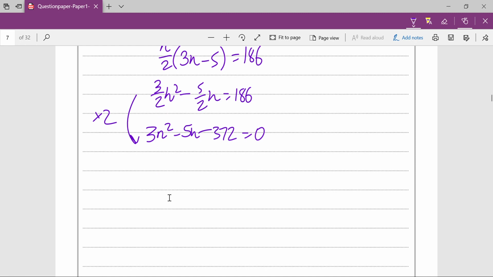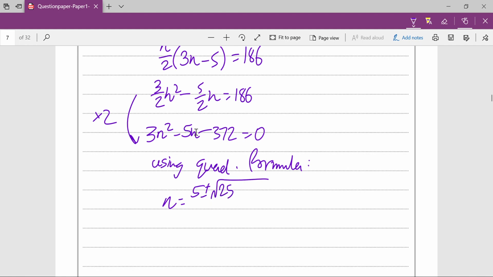So what do we have first? Using the quadratic formula, n would be equal to negative b, so 5, plus or minus the square root of b squared, so 25, minus 4ac. So minus 4 times positive 3 times minus 372 equates to plus 4464.